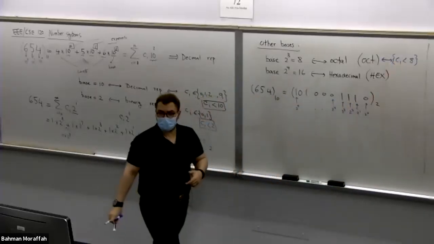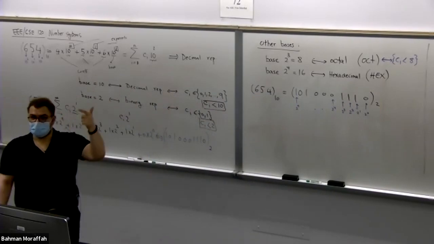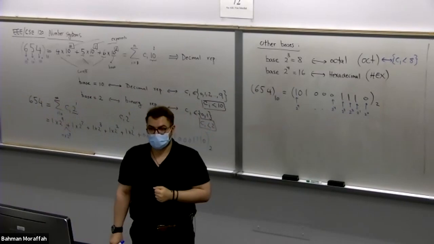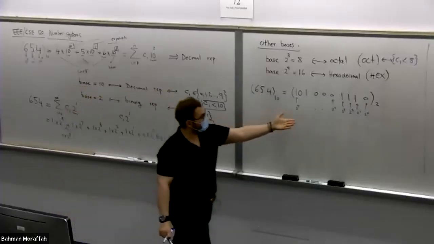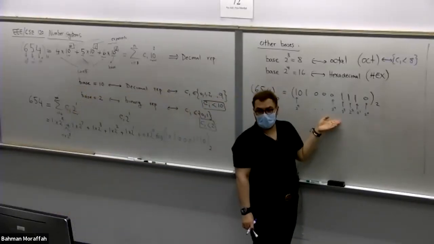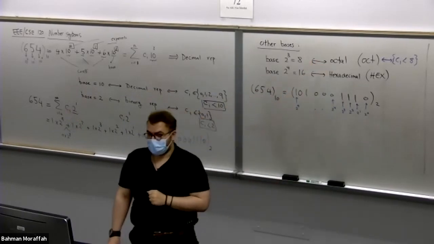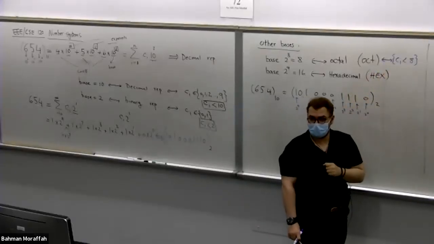So the numbers that I can get are 0, 1, 2, 3, 4, 5, 6, and 7. So if I write this number in terms of octal, then my coefficients must be less than 8.